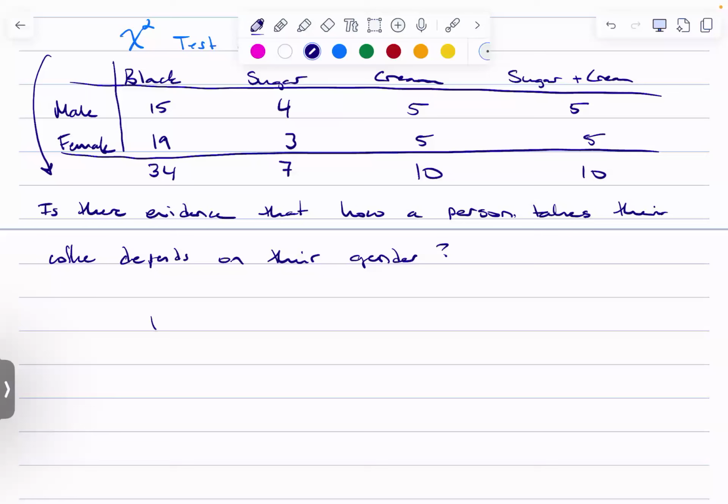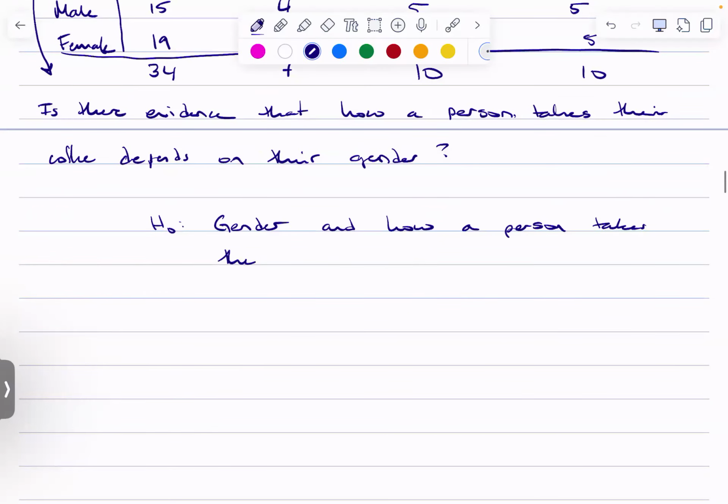Your null hypothesis has to be no, it doesn't depend on the gender until we have proof otherwise. So then we would say gender and how a person takes their coffee are independent of each other.